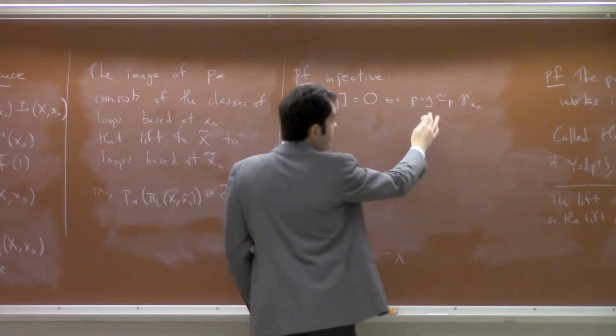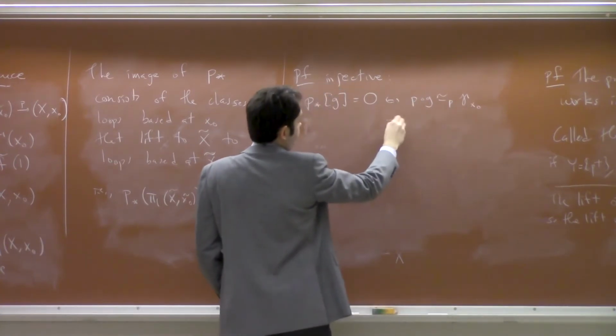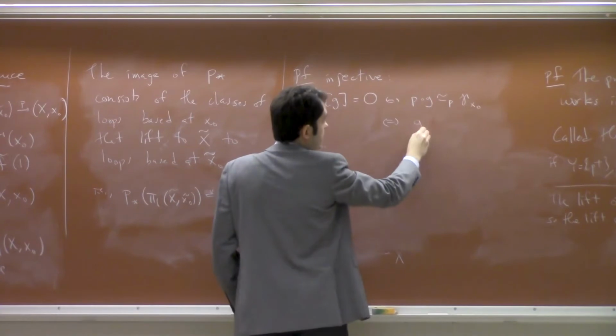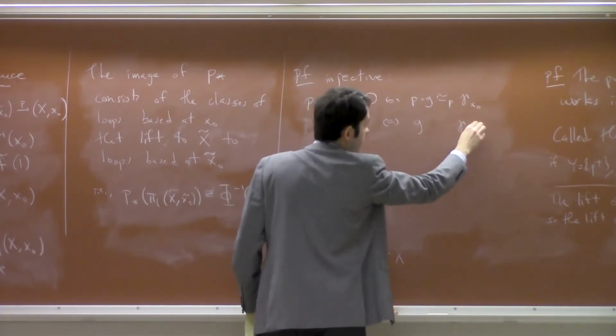But now if I lift both of these paths, then, well, here I'll just get g. And here, the lift of the constant loop is the constant loop by uniqueness.